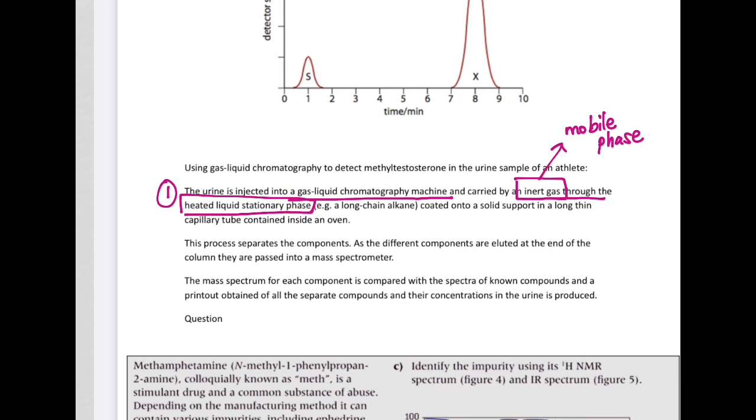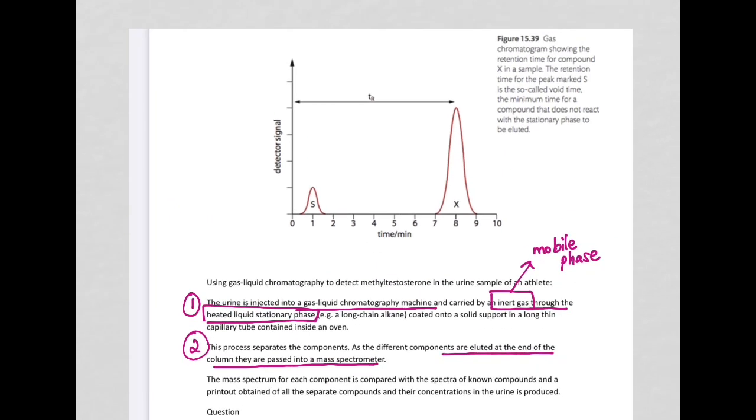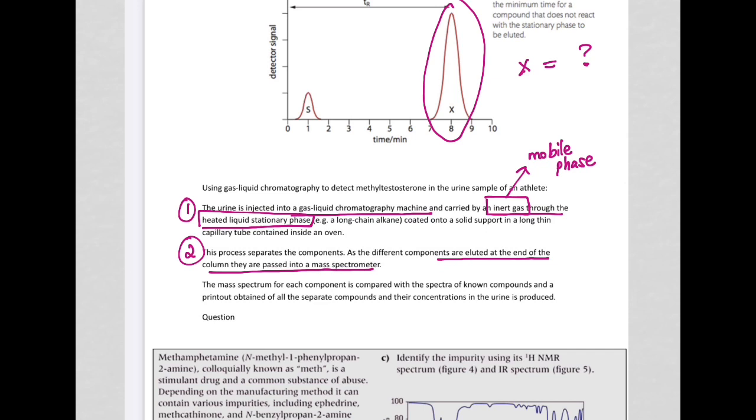Then the second step: this process separates the components. As different components are eluted at the end of the column, they are passed into a mass spectrometer. Once we get this peak, we know that X is a compound, but what is it? Then we take X and put it in a mass spectrometer, and you're going to have different peaks.